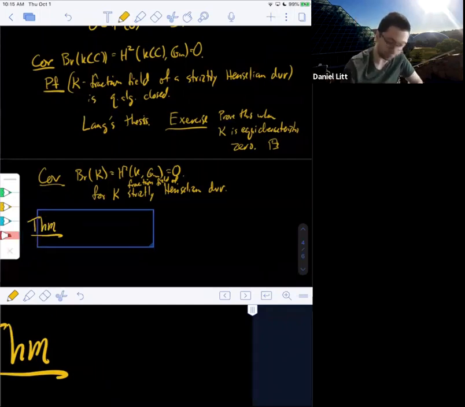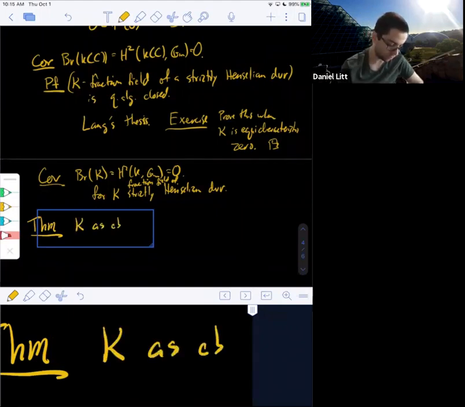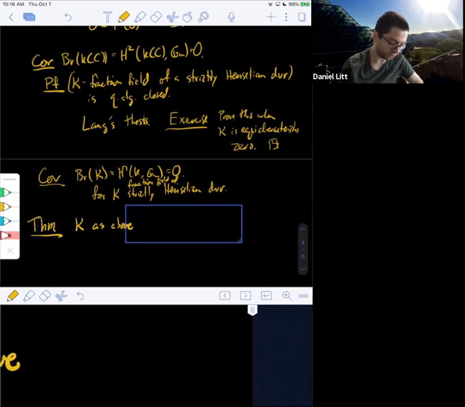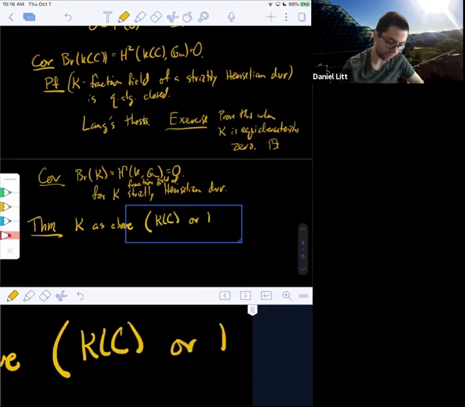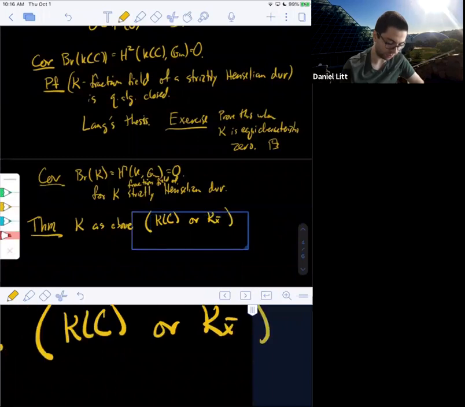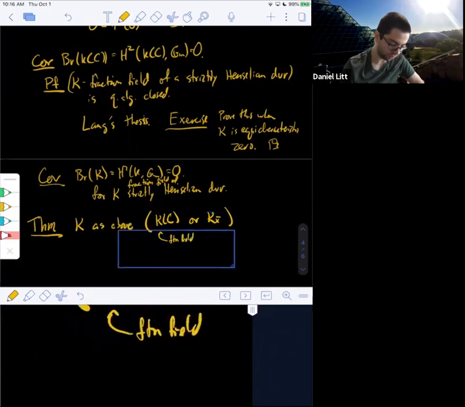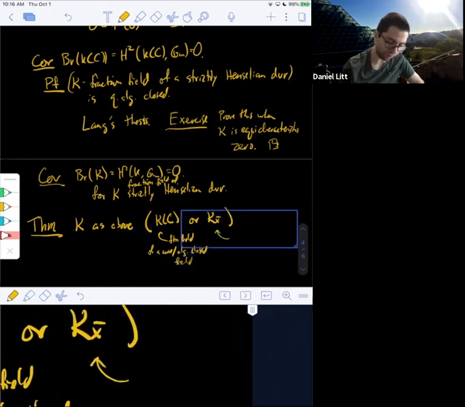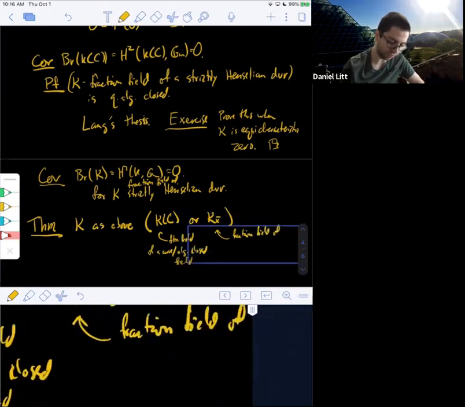So the theorem is, let K be as above. So by as above, I mean K(C) or K(X bar), where this is the function field of a curve over an algebraically closed field, or this is the fraction field of a strictly Henselian DVR.